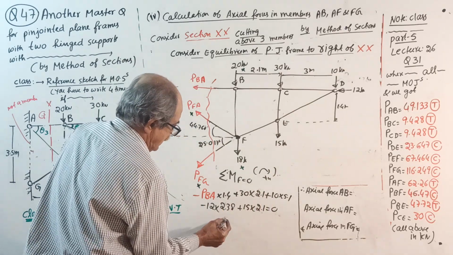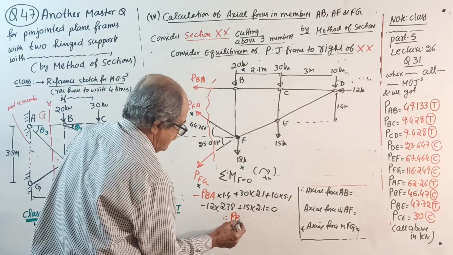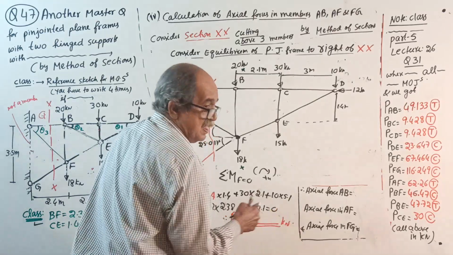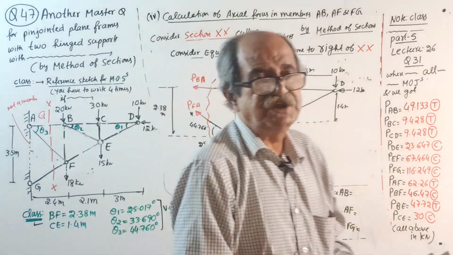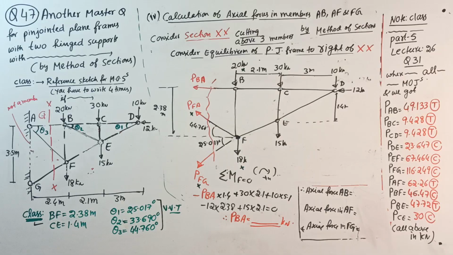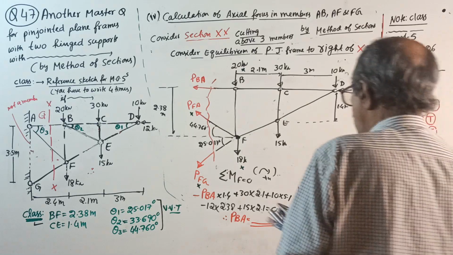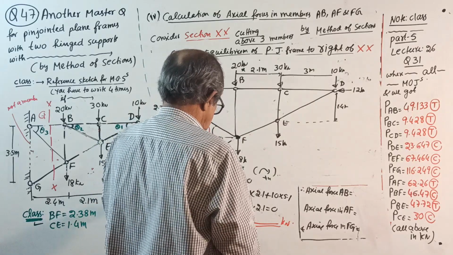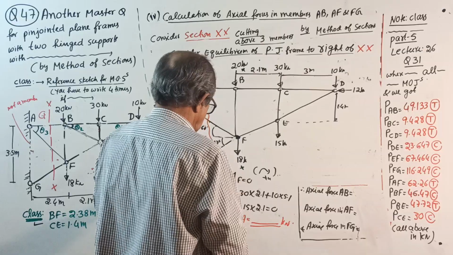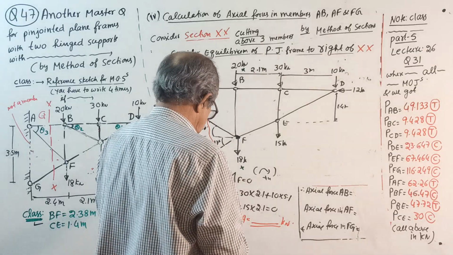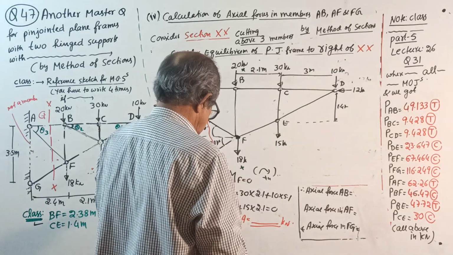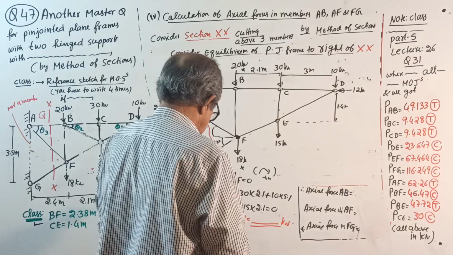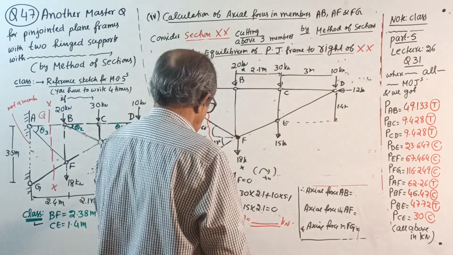Therefore, you get the value of P_BA in kilonewton. This I will check now. The other two I won't check, I have confidence. You do it. 30 into 2.1 plus 10 into 5.1 plus 0 minus 12 into 2.38 plus 15 into 2.1. Net answer is positive, divided by 1.4.